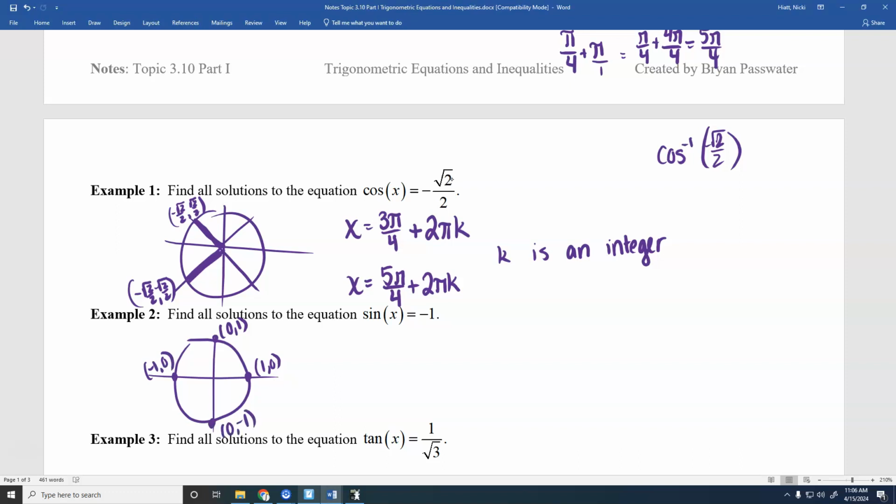Sine, which coordinate should I be looking at, x or y? Y. Where is it going to happen? 3 pi over 2. So I can say x equals 3 pi over 2. And then it's going to happen over and over and over again at that point. So I could put plus 2 pi k, where k is an integer.